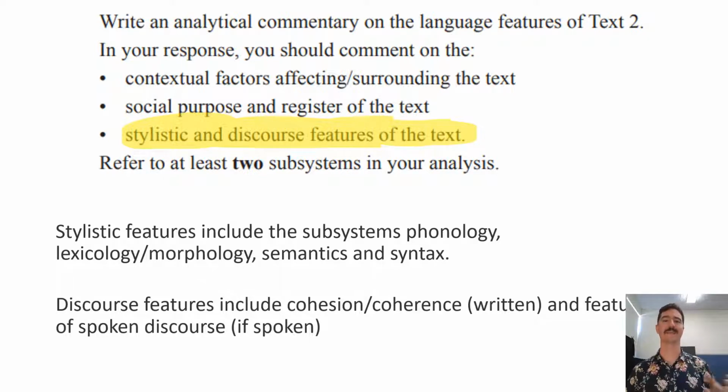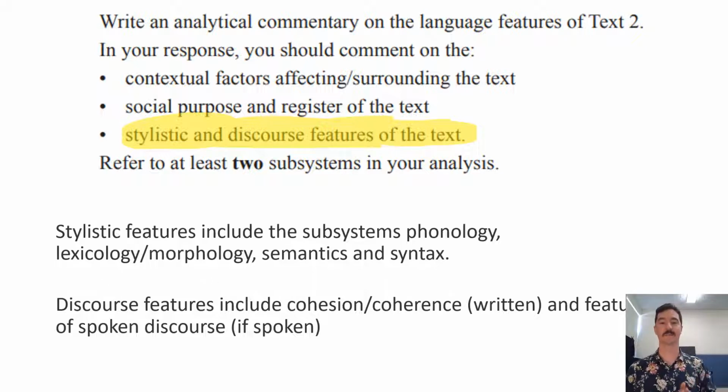Of course, you're looking for salient features, so you're not just trying to slip some phonology in if it doesn't fit. As it says down the bottom, 2 subsystems in your analysis, so make sure that you're doing at least 2. You're looking for all of them preferably. Phonology is often tricky depending on the text, but your goal is to do as many as possible.